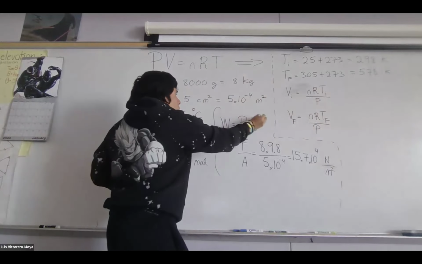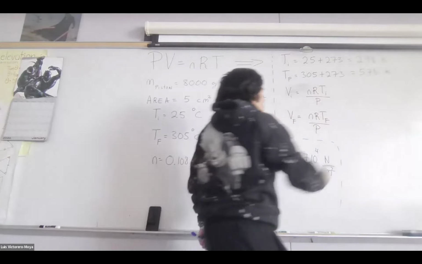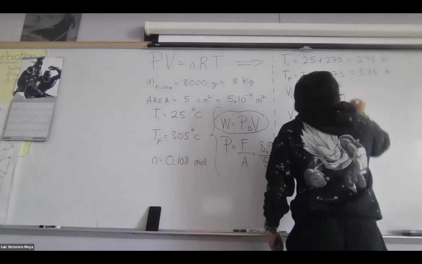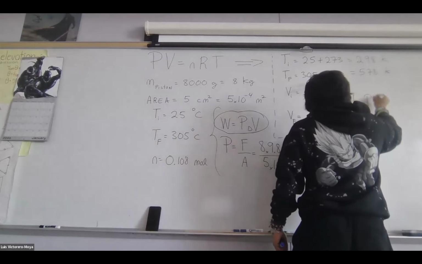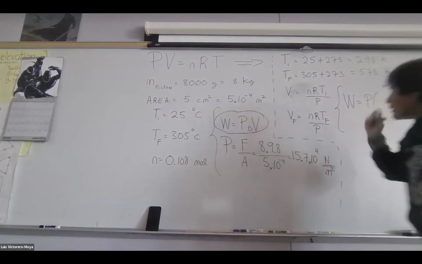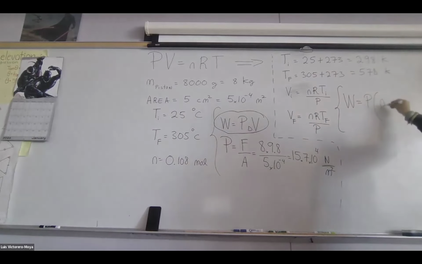So when I write this equation, look what happens. One over pressure, parenthesis, nR T final over pressure minus nR T initial over pressure. Why am I doing that? Because pressure cancels, so I don't have to worry about that.